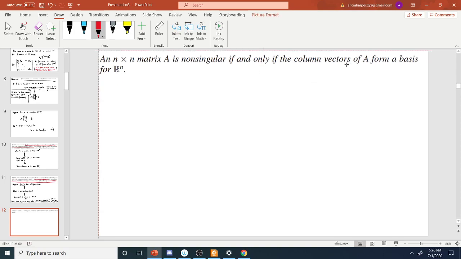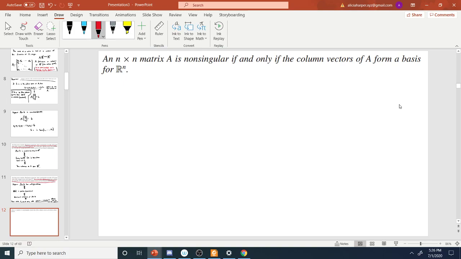So let's see why this is true. Well, here's what we can observe.